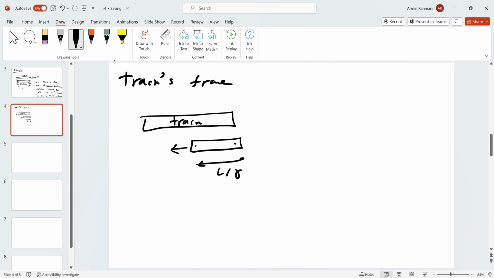So if we have the rear ahead effect, let's say this reads 0, and that's the time of an explosion. So an explosion happens here. This paint bomb doesn't read 0, according to the observer on the train. It reads minus LV over c squared, right?